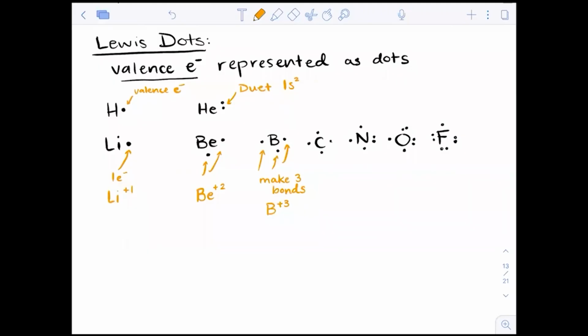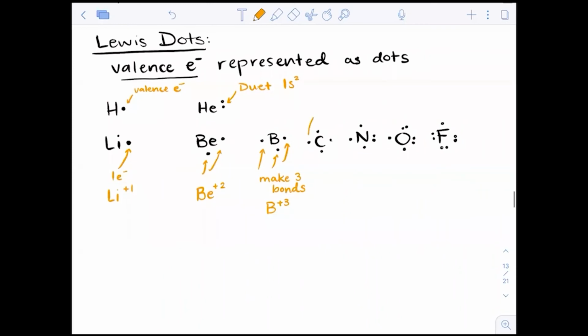Now, as we continue looking at all of these, what's important to note is that Lewis simplified these Lewis dot atoms in order to quickly identify a typical bonding pattern.